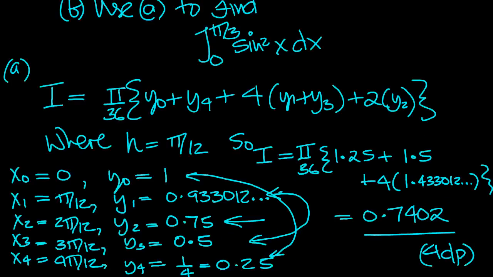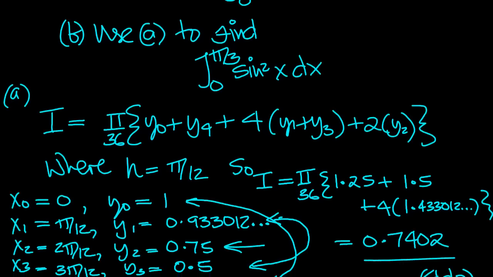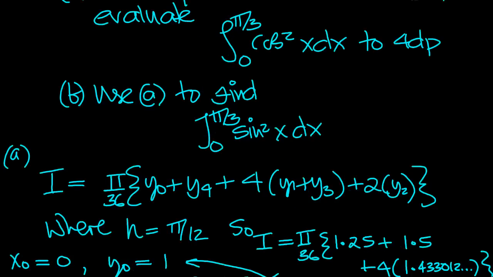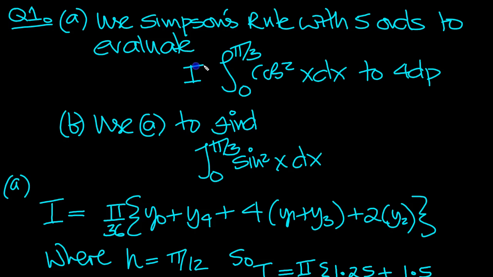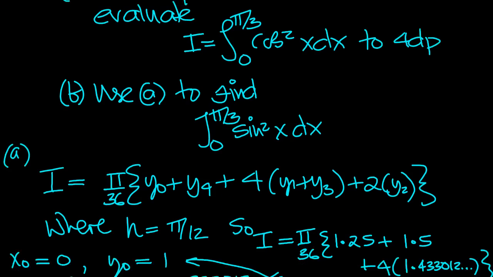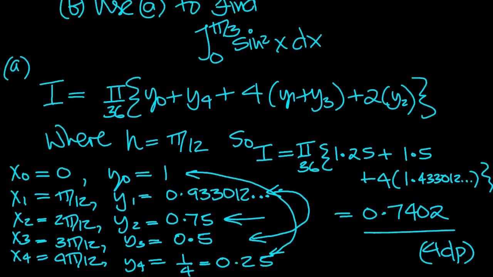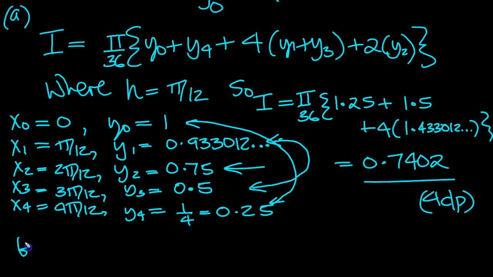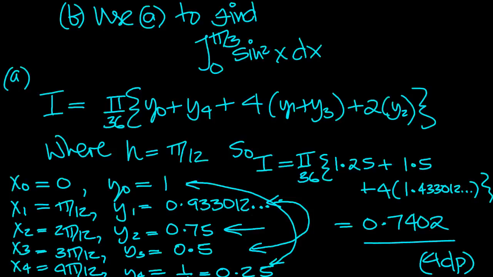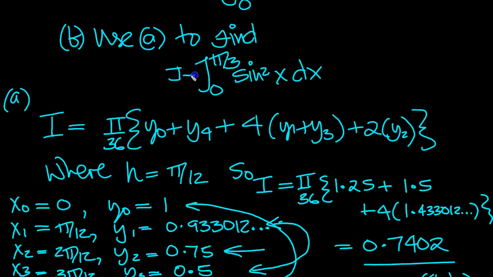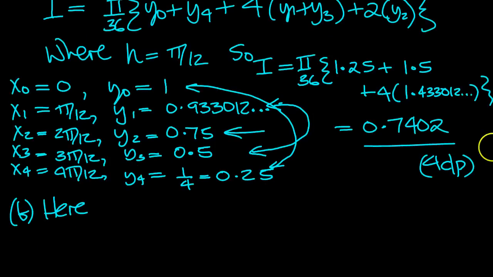Now we're asked to do part B. This one, the integral of cos squared, let's call this I, the approximation value I'm assuming here in this question. So part B here, we'll call that J. J is equal to the integral 0 to pi over 3, and instead of sine squared let's write 1 minus cos squared.